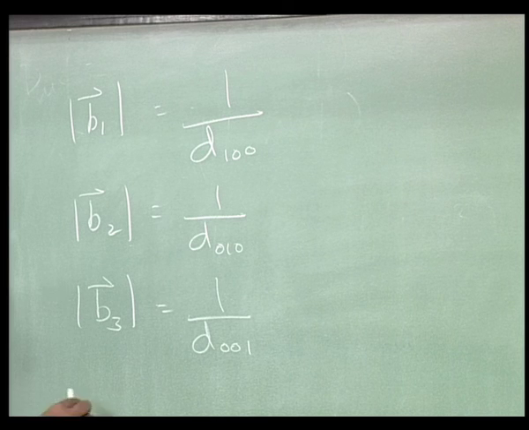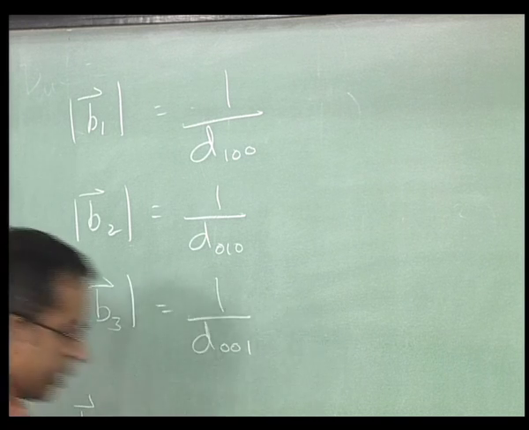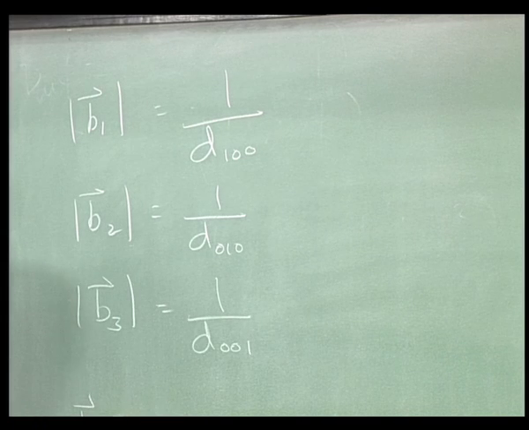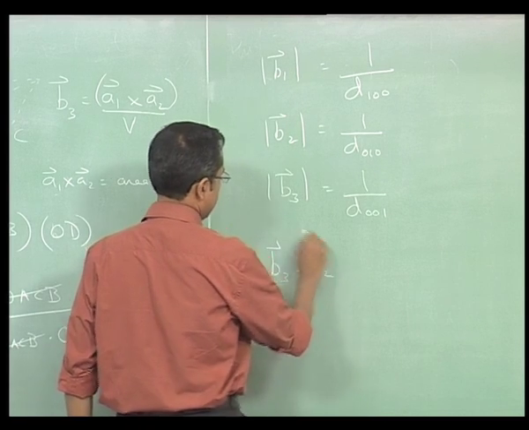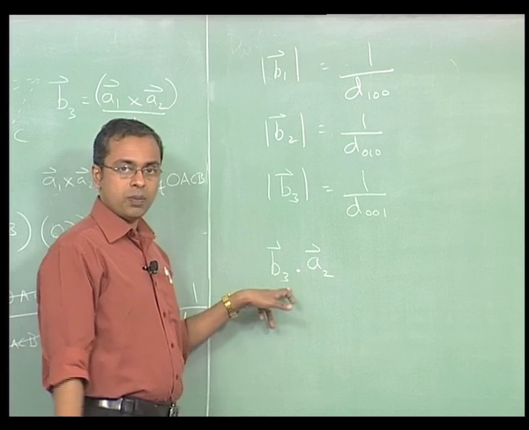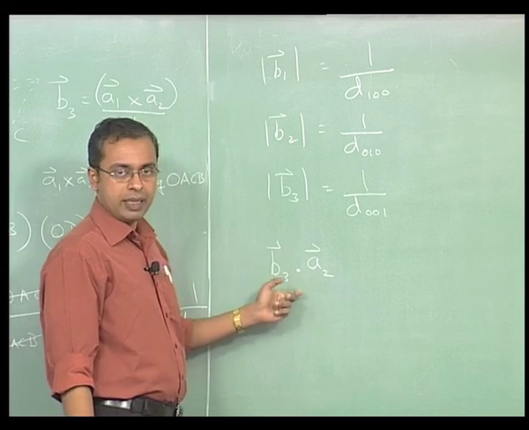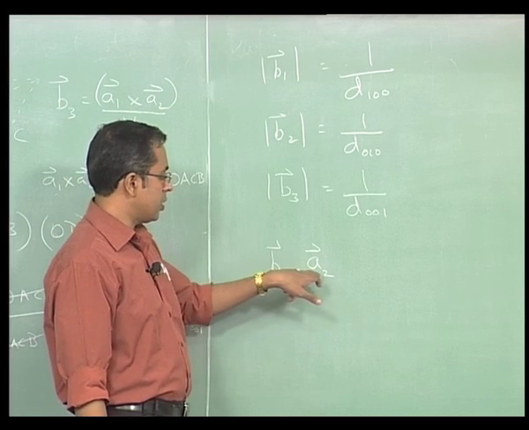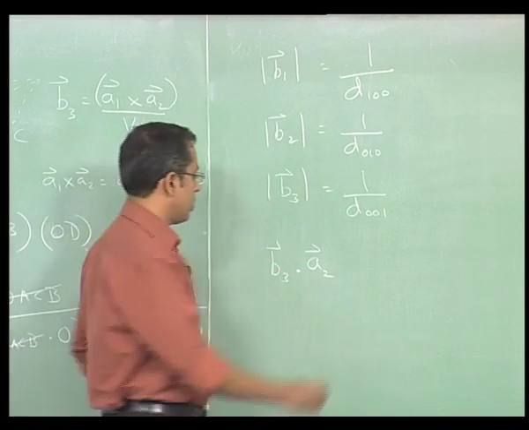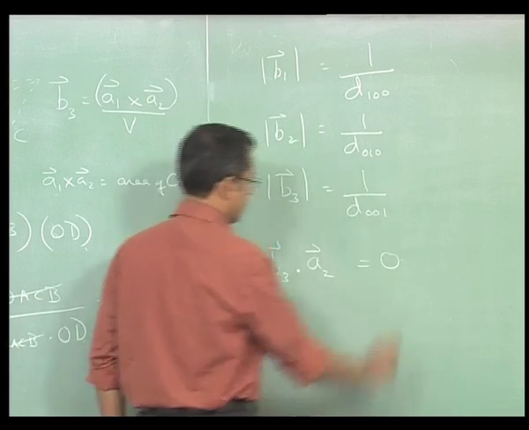Also if you look at the way we have defined it, we will also see that if you just take a product, say B3 dot A2, okay. If you just take this dot product between B3 and A2, I have just arbitrarily picked these two vectors, we find that since B3 is already perpendicular to A1 and A2, this dot product is 0, okay.